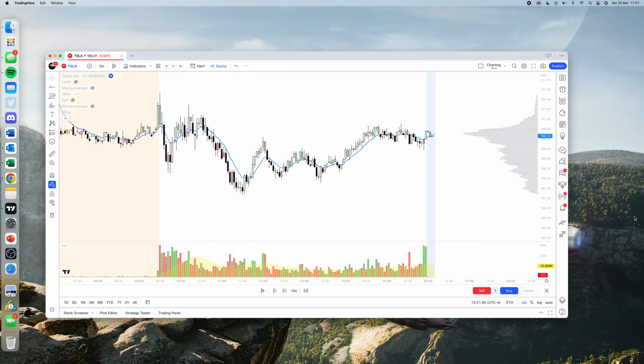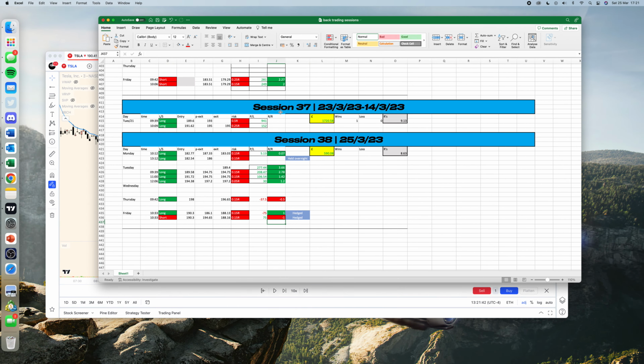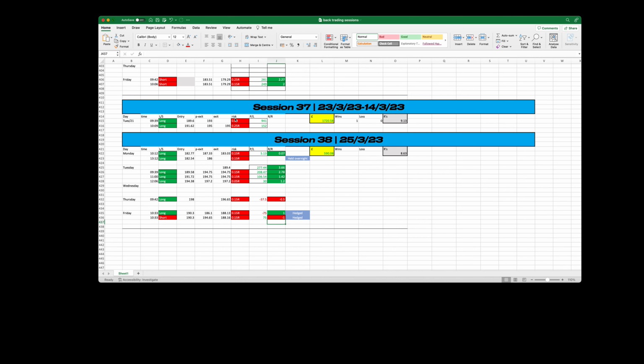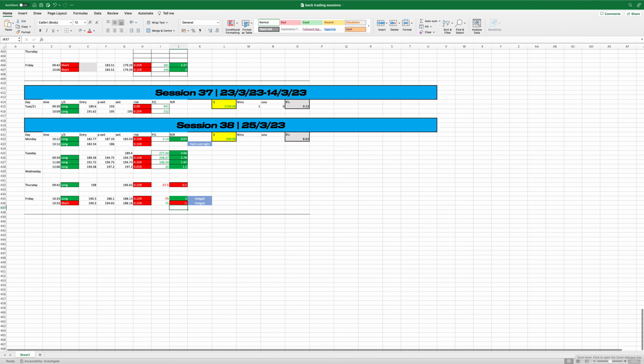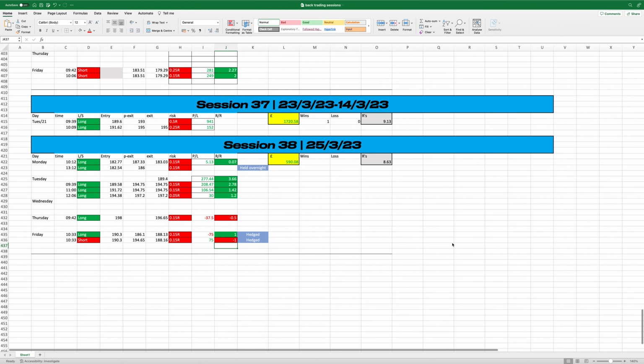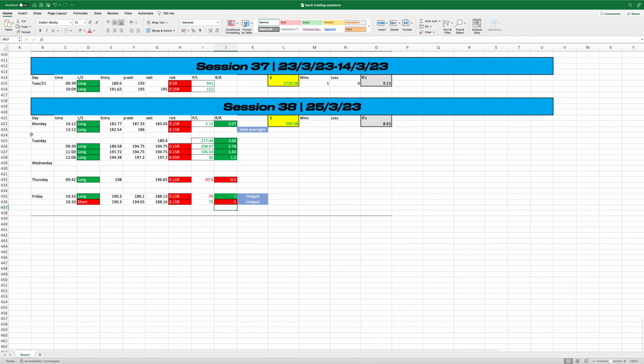Let's just bring over my Excel sheet, just to show you guys my setup. So Monday to Tuesday, this is basically what I do every weekend, trading Tesla. As you can see, I would have taken 7 long positions, 1 short position.